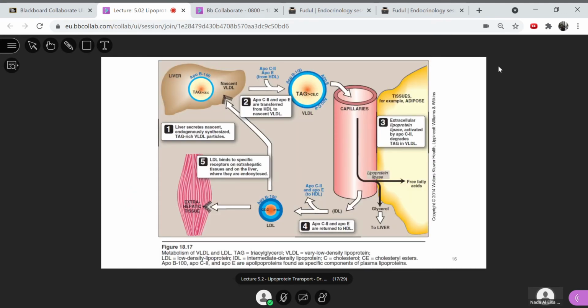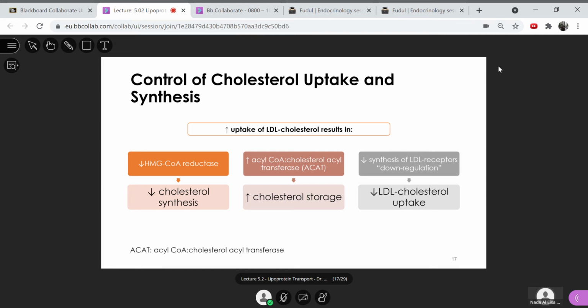As for the function of LDL being a cholesterol transporter to the other tissues, we need to have more control over the process of cholesterol uptake into the tissues. So once there is enough cholesterol within the cell, we need to stop the uptake of cholesterol from LDL that is bound to the LDL receptor on the cell surface.